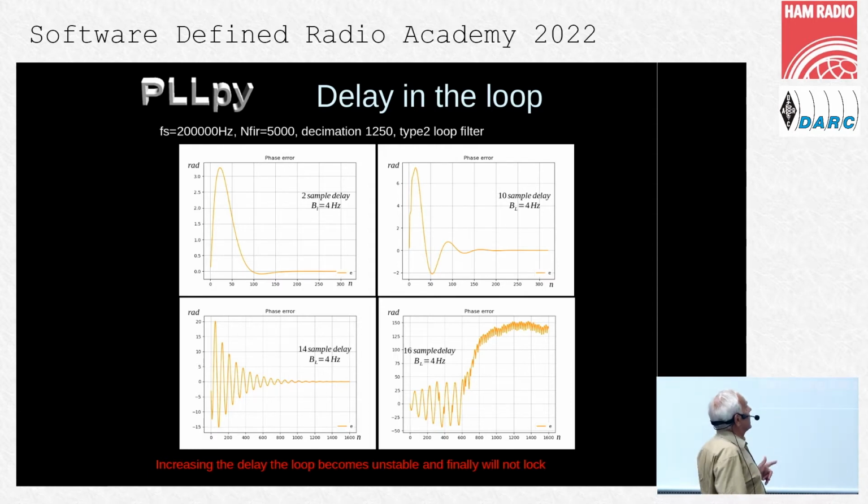The low-pass filter could have group delay, and this group delay is actually a delay in the loop. In this experiment, I used a 4 Hertz bandwidth and increased the delay, actually increased the filter length. And you could see that as the delay starts to increase, an oscillation starts in the settling curve, which will grow.